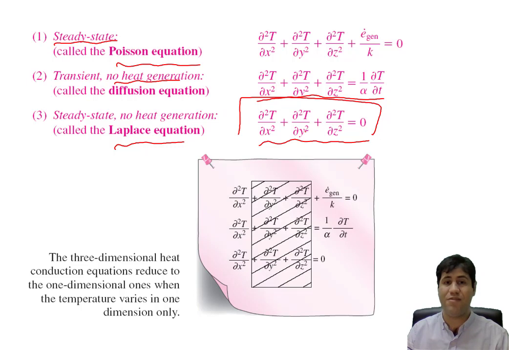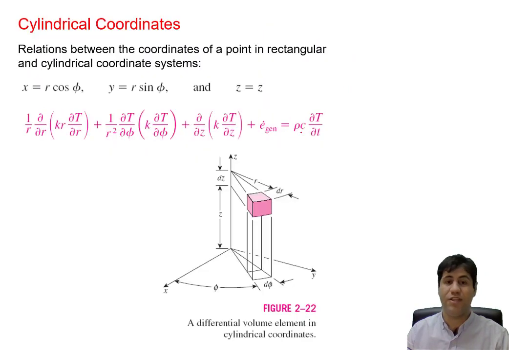This is the general form of the multidimensional heat conduction equation, ready for integration. As I said, for this subject we will just focus on one-dimensional heat conduction. In the cylindrical coordinate system, again, we simply select our element like this.